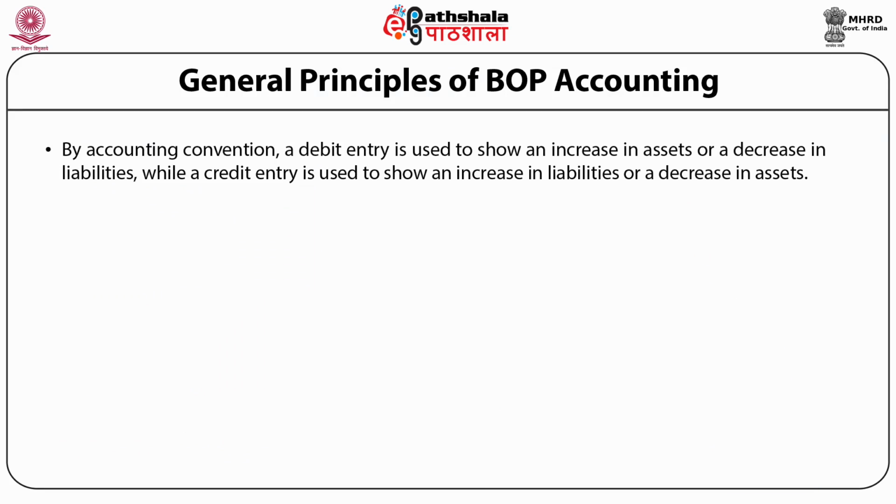By accounting convention, a debit entry is used to show an increase in assets or a decrease in liabilities, while a credit entry is used to show an increase in liabilities or a decrease in assets.